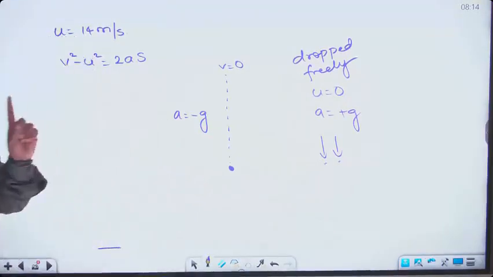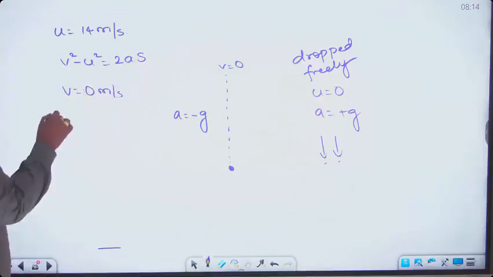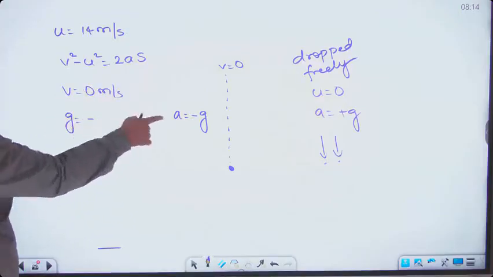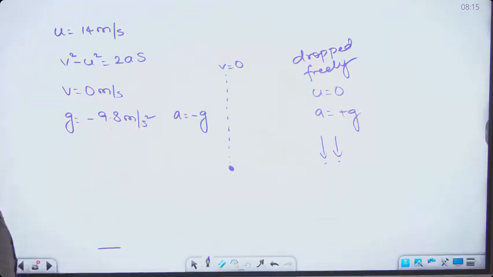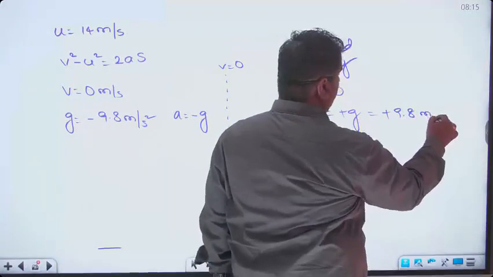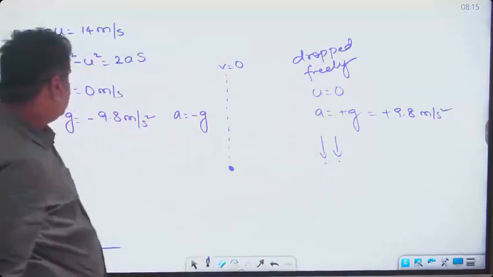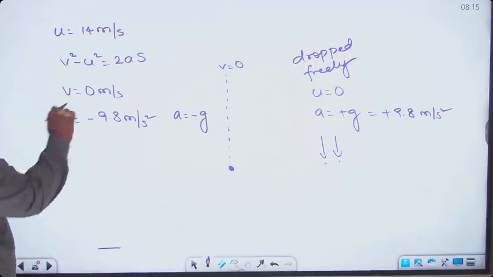Only one value was given in the question, right? So here in this case, by default V value equal to 0 meter per second. What is the g value? As we said minus, it is -9.8 meter per second square, a fixed value. Since we are throwing the object upward, g equal to -9.8 meter per second square. If the object is freely dropped, then in that particular case it is plus 9.8 meter per second square. So if you substitute these values, we need to calculate the S value.